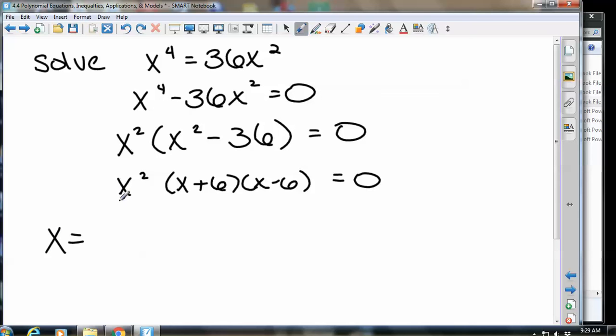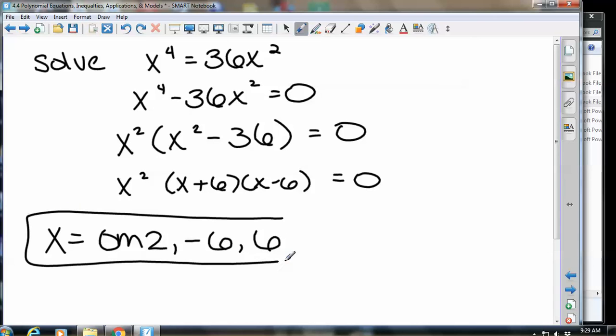So my solutions, this one is 0, but we'd have to write multiplicity 2. X plus 6, that'd be negative 6, and x minus 6 would be positive. Alright, so make sure you're always setting these equal to 0 to begin.